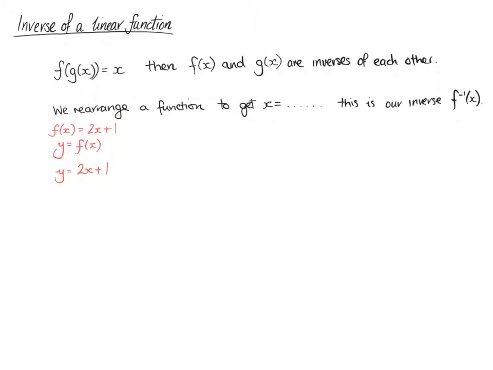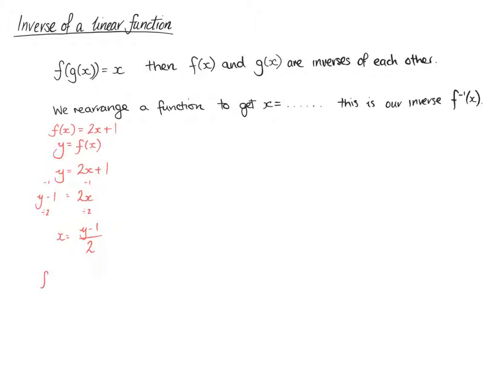We take away 1 from each side, so we get y take away 1 equals 2x, to get that 2x on its own. Then I need to divide both sides by 2 to get rid of the 2 in front of the x, because it's multiplying. We need to do the opposite to get it on its own. So we get x is equal to y minus 1 divided by 2.